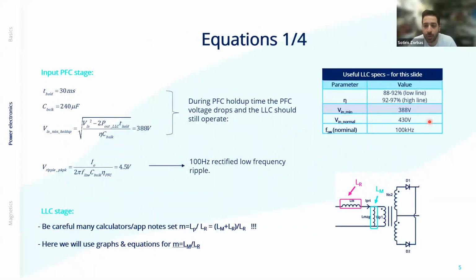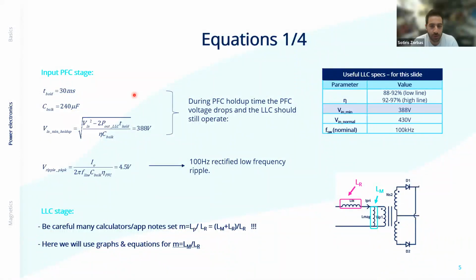Okay, so the first step always to a power topology is the PFC stage. And the PFC stage has some specs that we want in order to be able to design properly the LLC stage. Now, the most important spec that we're looking for is actually the lowest voltage and the highest voltage of the PFC.